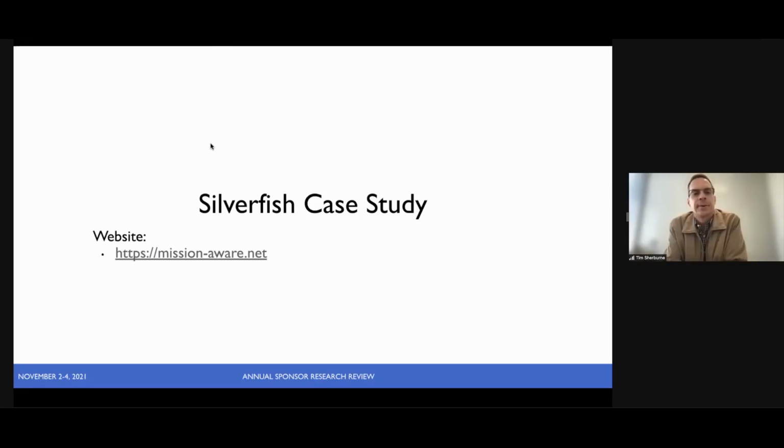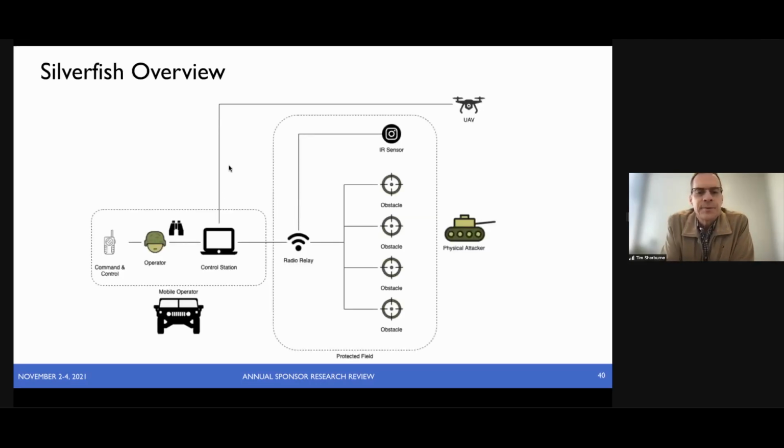Okay, thanks, Peter. So to start with, just to give a ConOps type of overview of what Silverfish is. It's a networked munitions system, and there's a network of these obstacle devices that are placed out in a field to be protected.